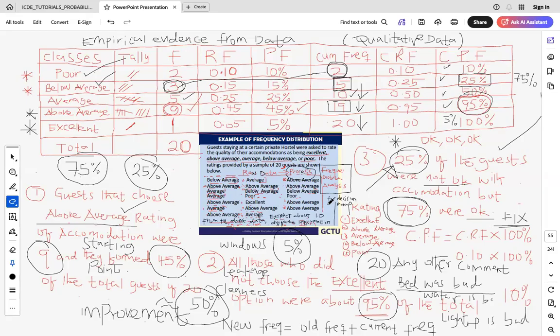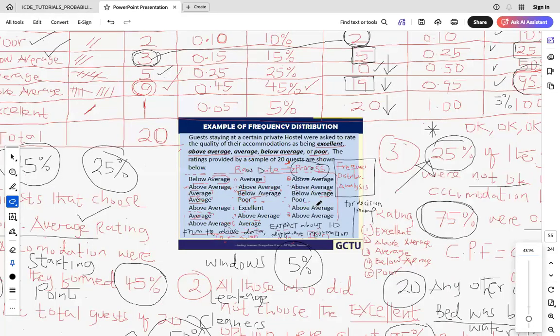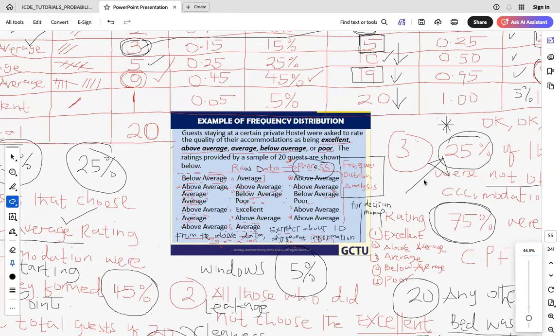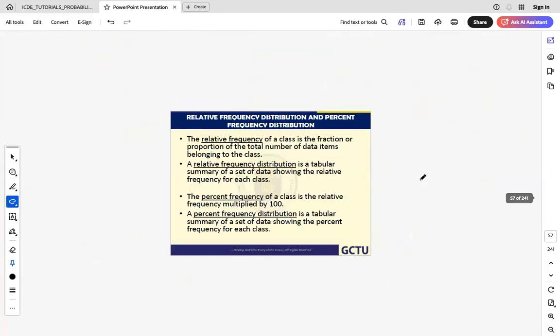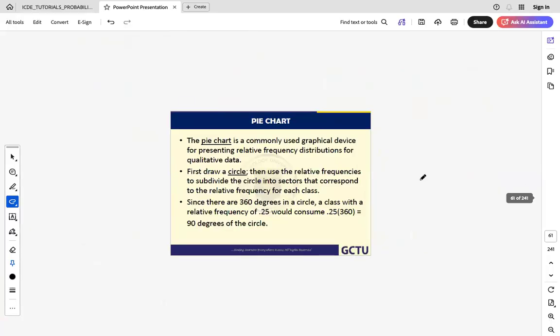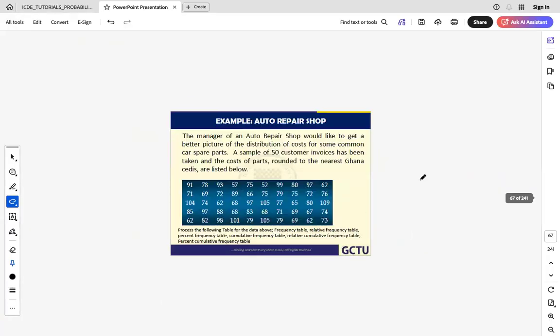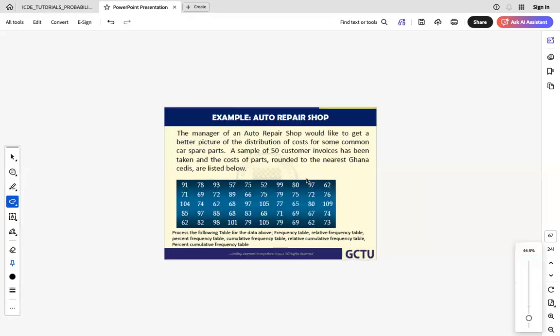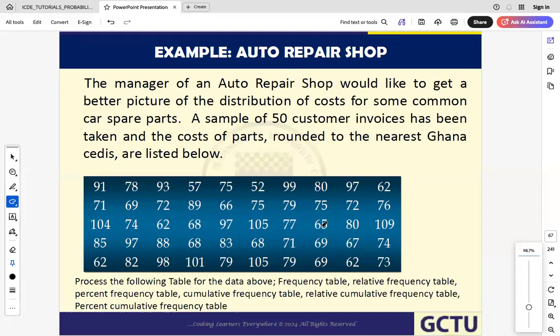All right. So quickly, let's look at a quantitative data, and we then go through the same process. So this is a quantitative data. This is about an auto shop.